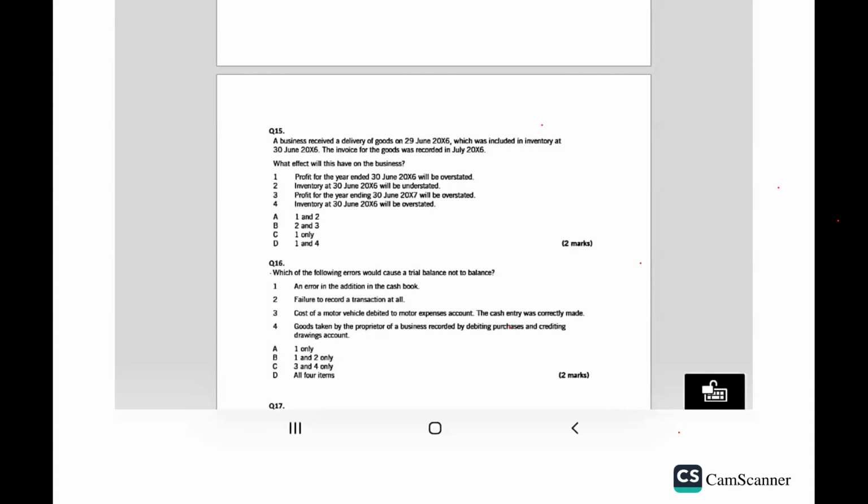So meaning, I think an error in the addition in the cash book will not have the trial balance to balance. Okay, so you are saying the answer is A? Yes, sir. Okay, what about others?